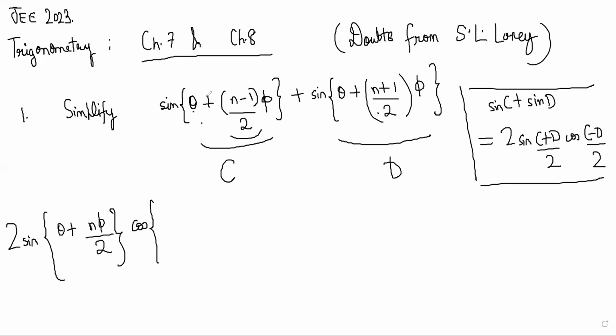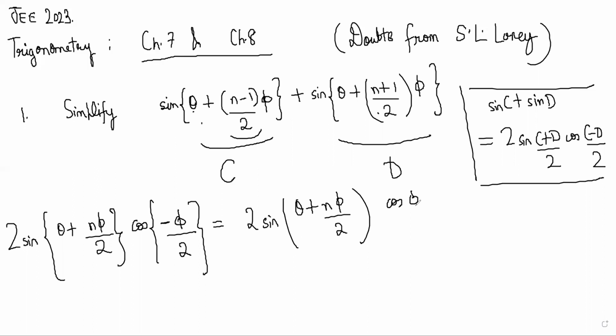So theta will cancel. n by 2 phi, n by 2 phi will also cancel, and minus phi by 2 minus phi by 2, so minus phi overall by 2. So that will simply be cos phi by 2. So the answer will be 2 sine (theta plus n phi by 2) cos (phi by 2). That is the answer.